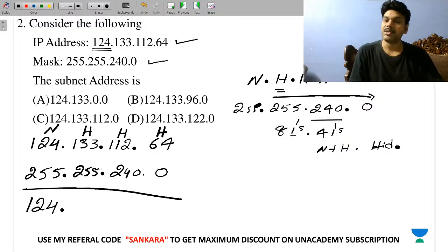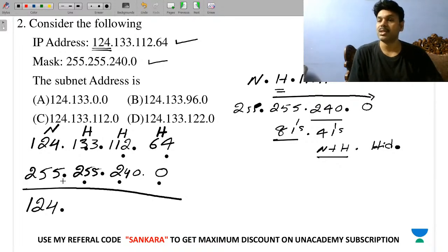Therefore, my dear friends, wherever the subnetting happens, you leave those particular digits and make the remaining host ID part zeros to get your subnet address, instead of doing bitwise AND. Or if you would like to do the AND operation, you can do it between each octet: 133 versus 255, 112 versus 240, 64 versus 0.